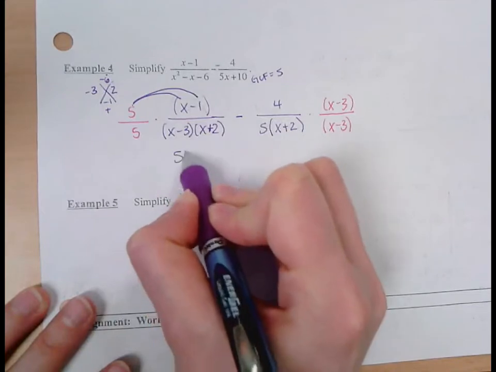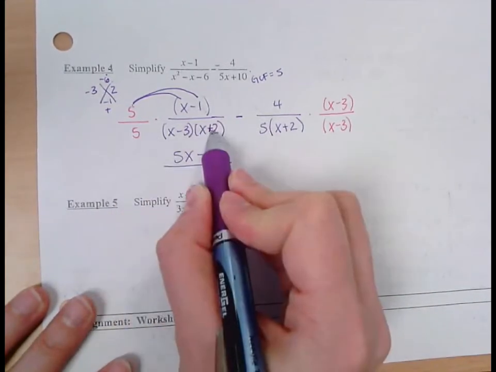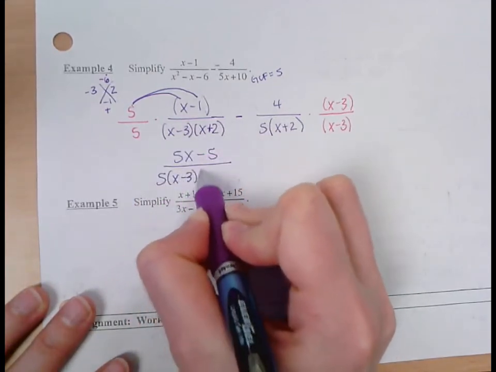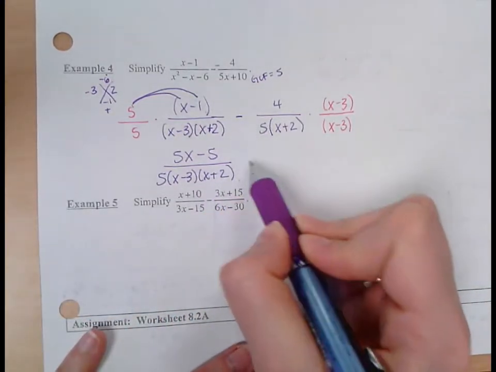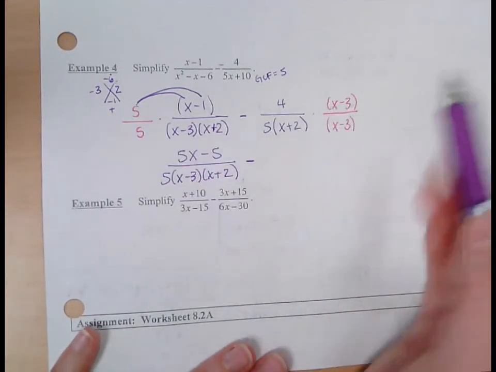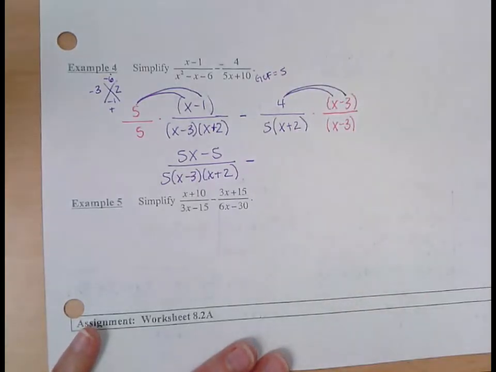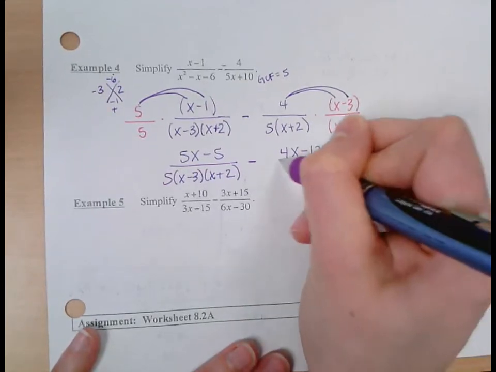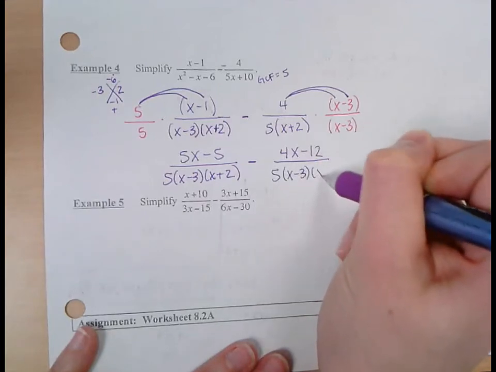So I will have 5x minus 5 over, and leave your denominator in factored form, so 5 times x minus 3 times x plus 2. And then I have minus, and on the top of the second fraction I can distribute that 4 to the x minus 3, so I would have 4x minus 12 over 5 times x minus 3 times x plus 2.